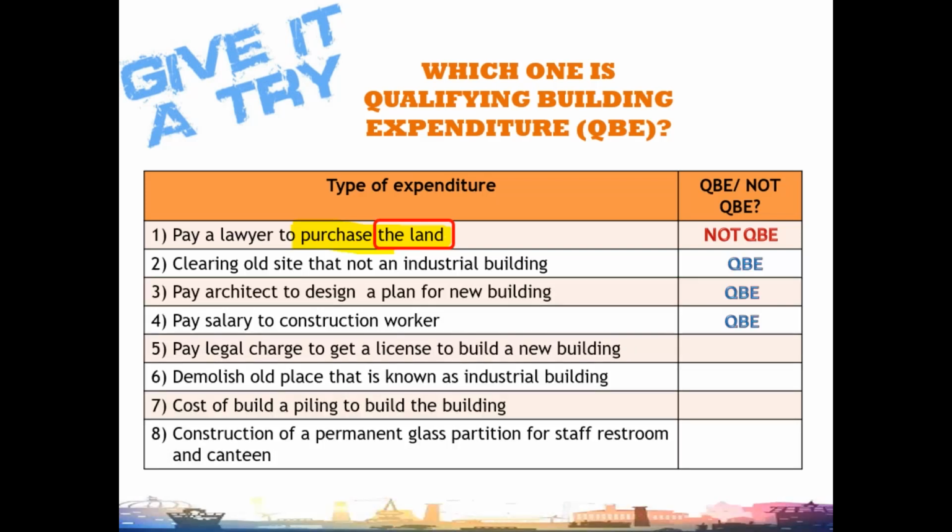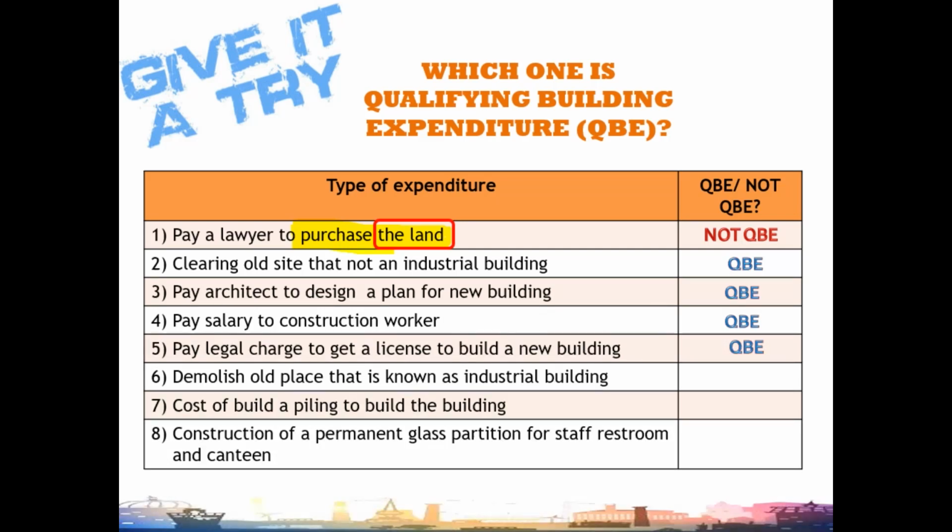Number 5, pay legal charges to get a license to build a new building. What is your answer? If your answer is QBE, you are correct again. Let's see number 6, demolish an old place that is known as an industrial building.